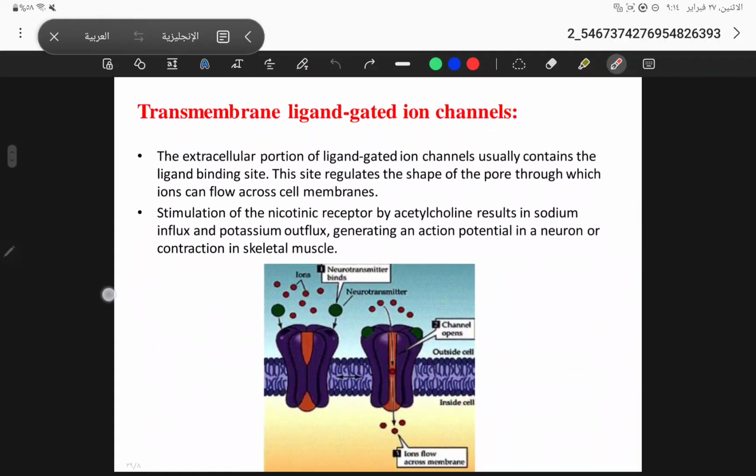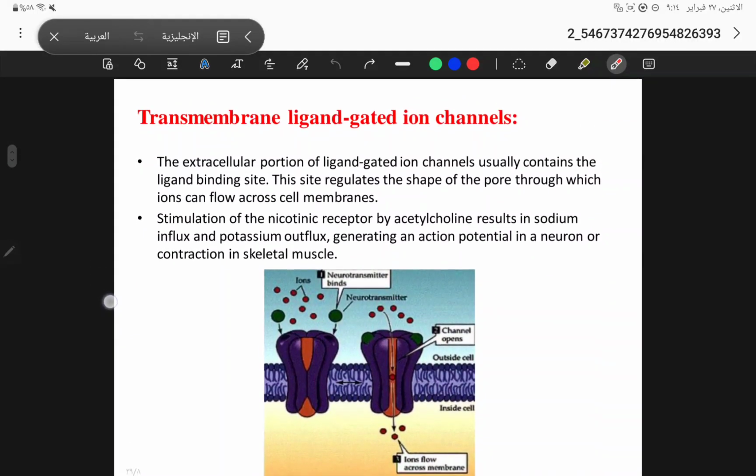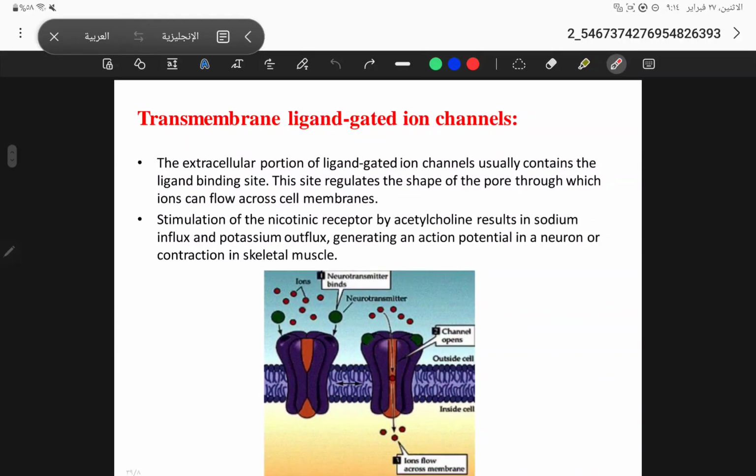Coming to transmembrane ligand-gated ion channels. As we have discussed before, we have 5 subunits arranged around a core.